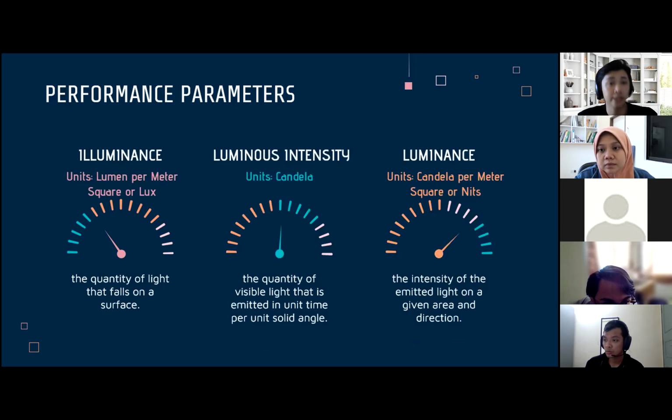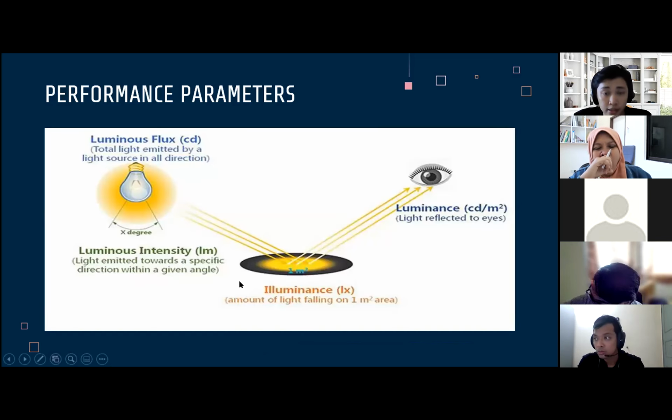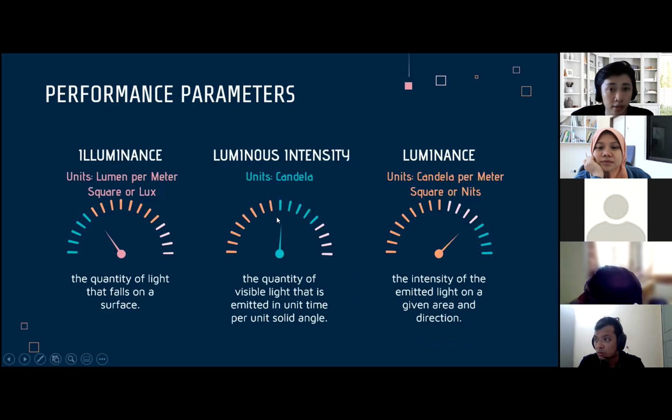Okay, next, illuminance. The illuminance is the quantity of light that falls on the surface, the amount of light falling on 1 meter squared area. And the second is luminous intensity, units candela, the quantity of visible light that is emitted in unit time per unit solid angle.